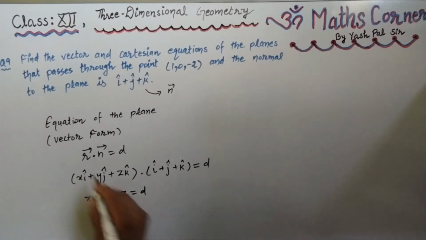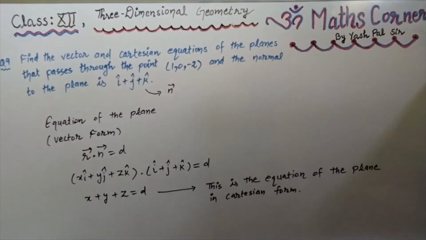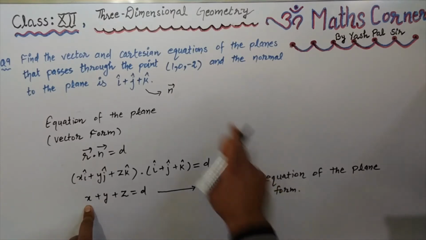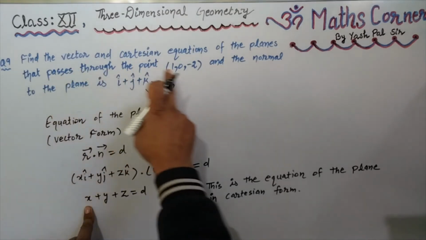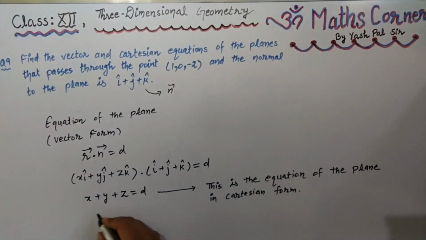So this becomes x plus y plus z is equal to d. This is the equation of the plane in Cartesian form.